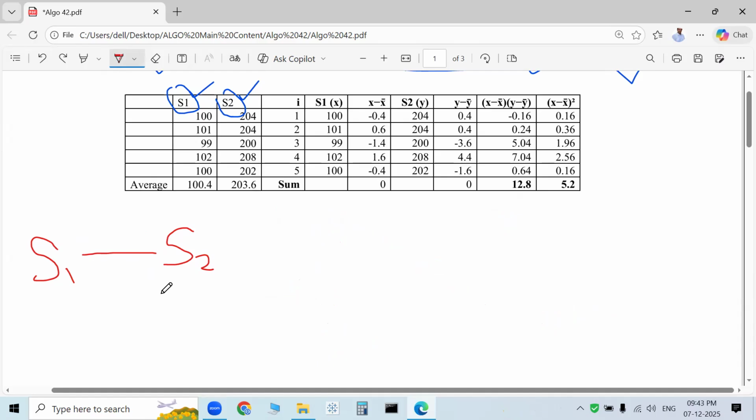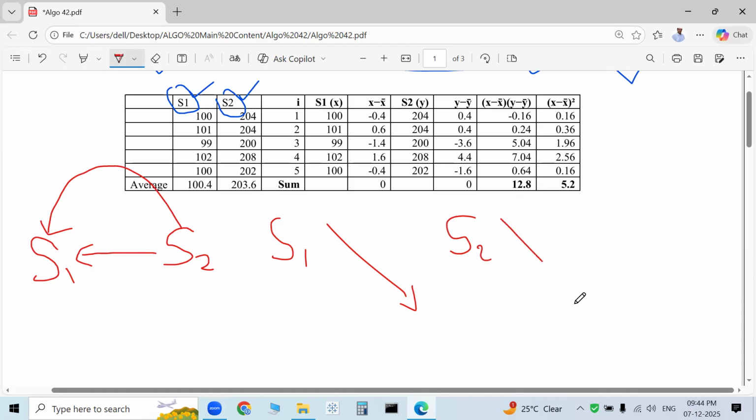Let me tell you one more time so that it will be very clear to you. Both the stocks follow each other. Specifically, S2 follows S1. If S1 goes down, S2 also goes down. They are highly correlated.